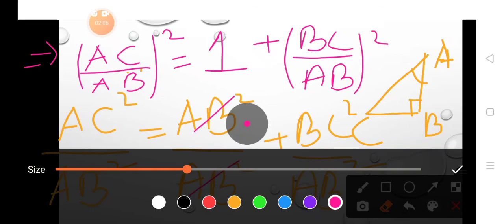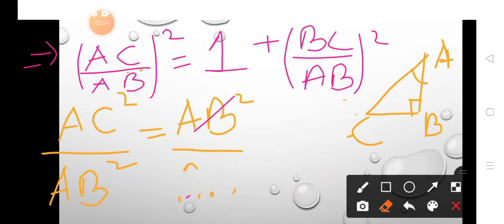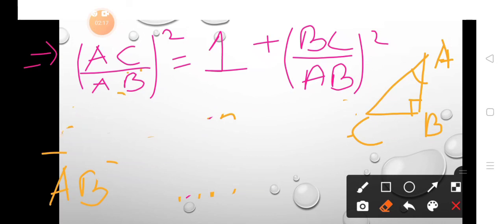Now you see here, AC is this, AB is this, hypotenuse by adjacent. AC is the hypotenuse, AB is adjacent.